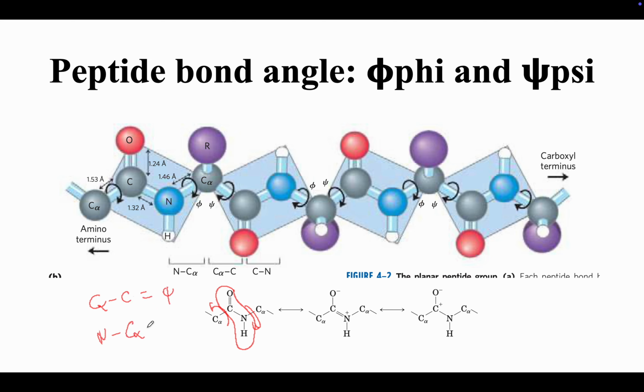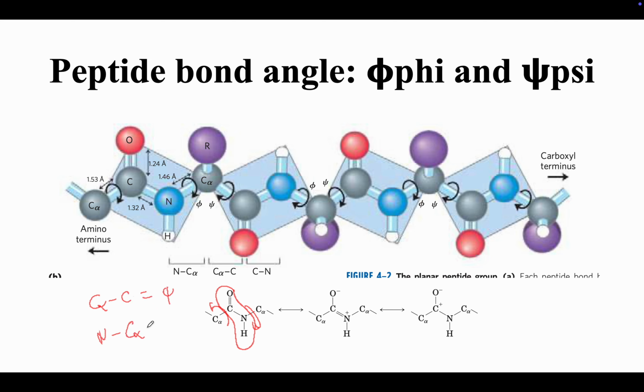These two angles in the primary structure of protein are the dihedral angles which are considered during the Ramachandran plot analysis. As you can see here, this is the Ramachandran plot, and on the y-axis we have psi degrees, whereas on the x-axis we have phi degrees.